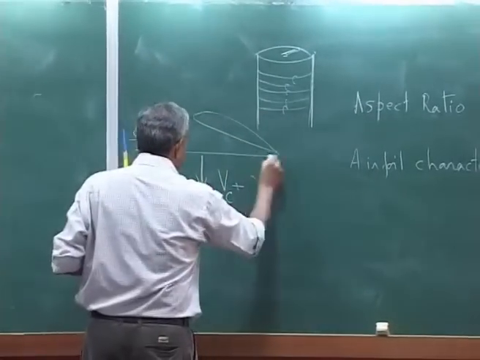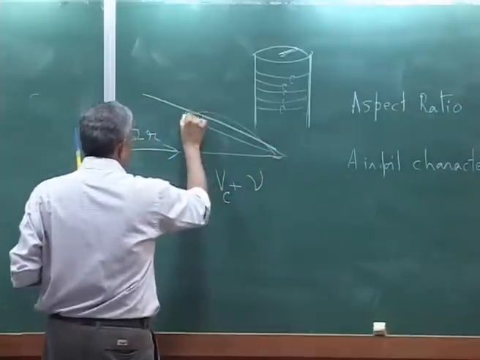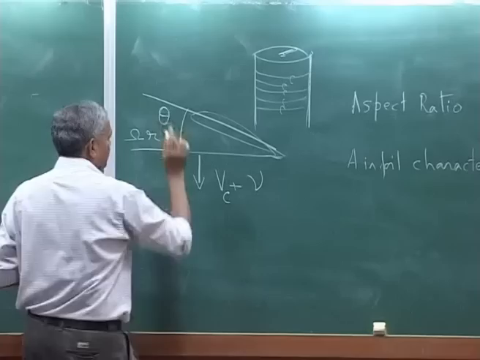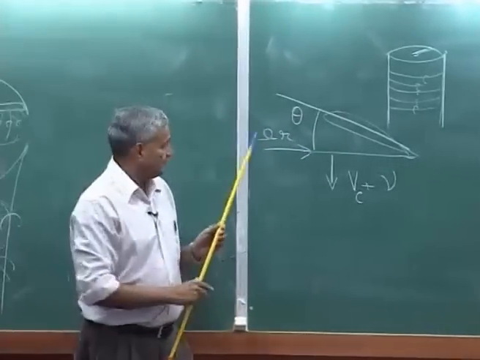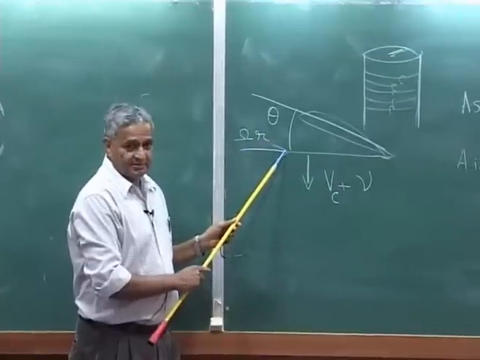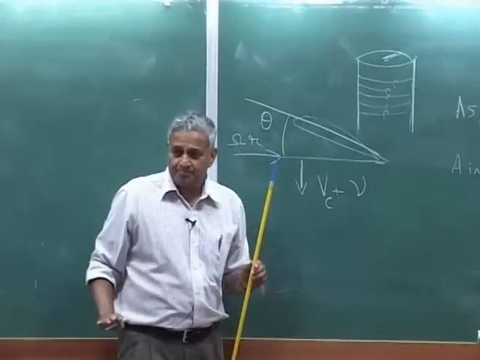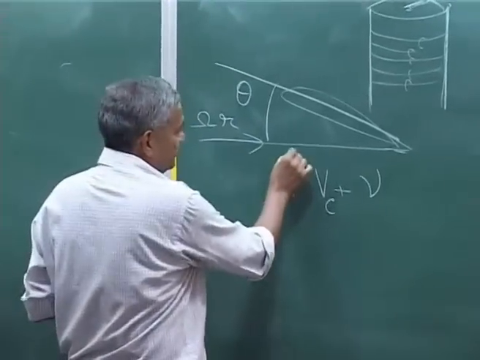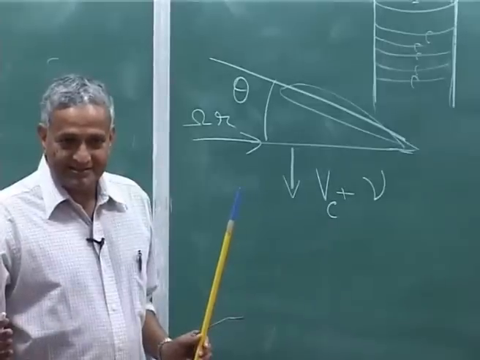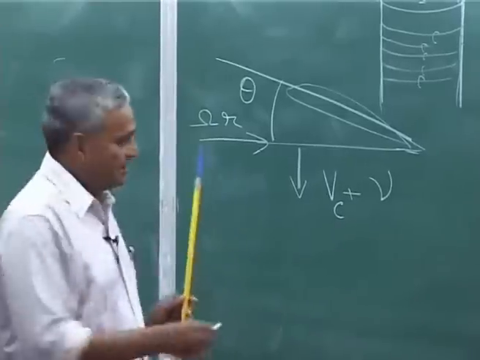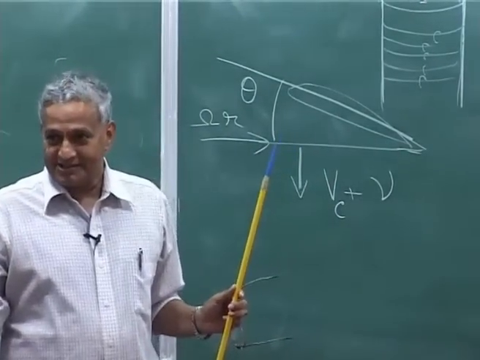Now if this is kept at a pitch angle theta with respect to the disc, oncoming flow. Now you can get the relative velocity as well as the effective angle of attack, you can say.